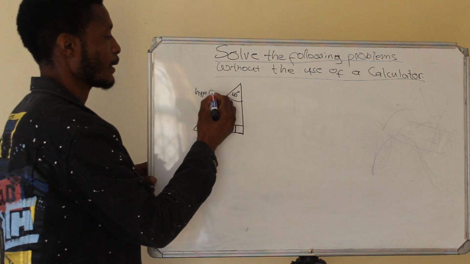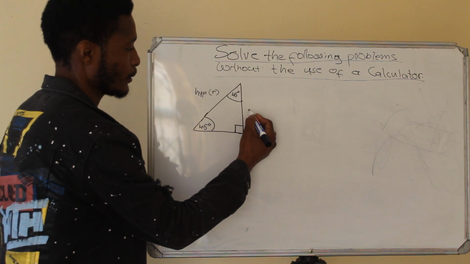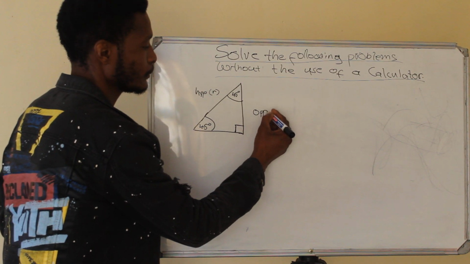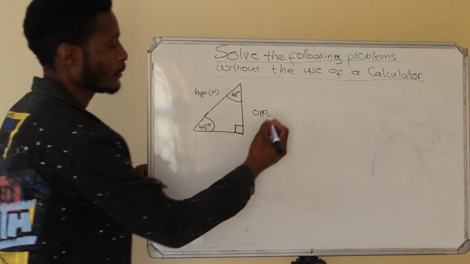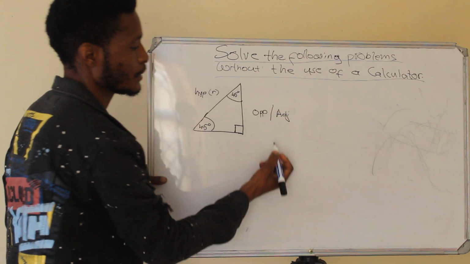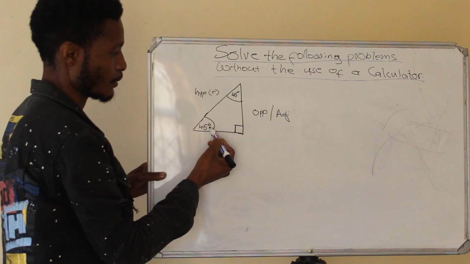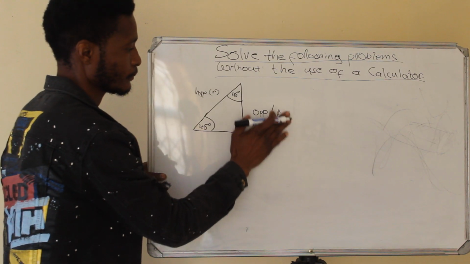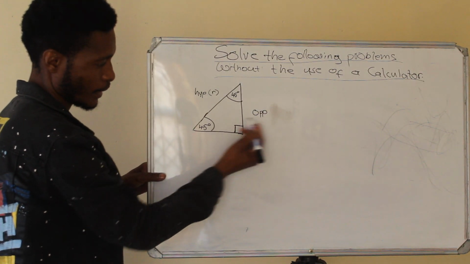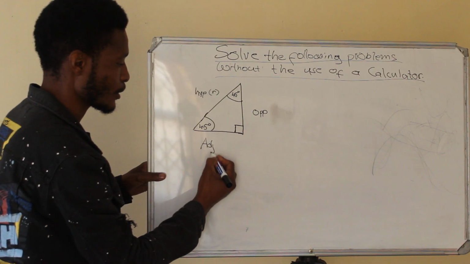normally represented by r for radius, and then this being, depending on which side you are, could be opposite this angle or adjacent, depending if you're talking about that angle. It's opposite that angle, and then this one is adjacent.